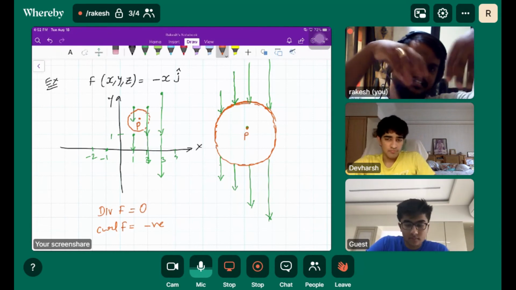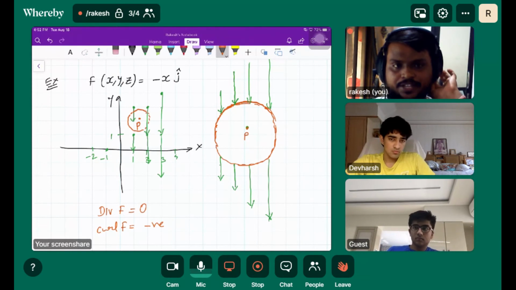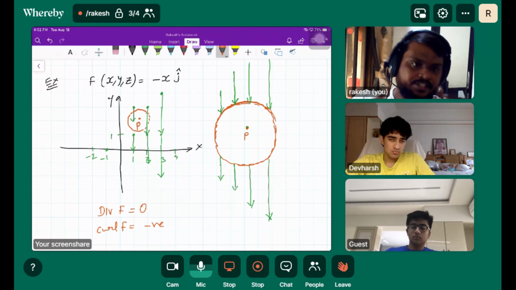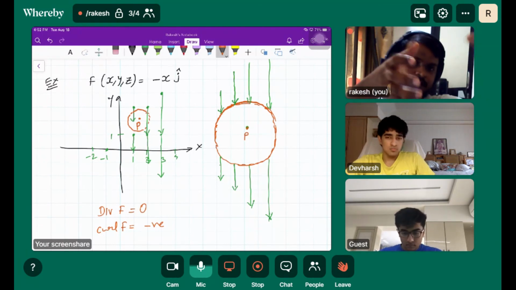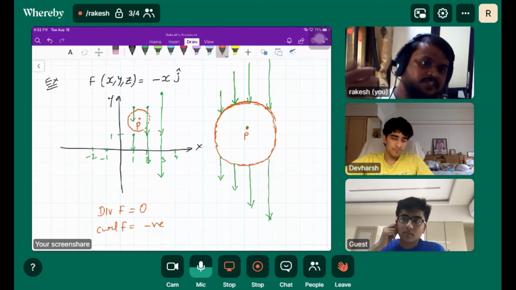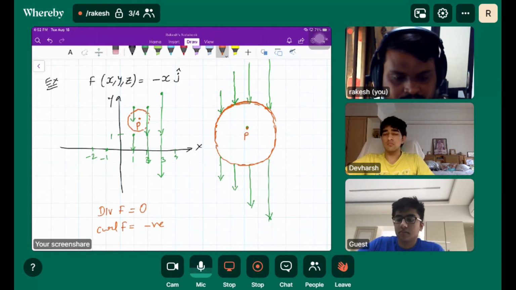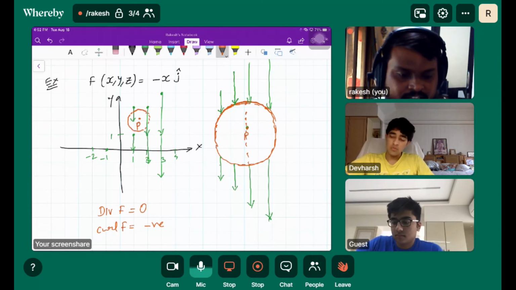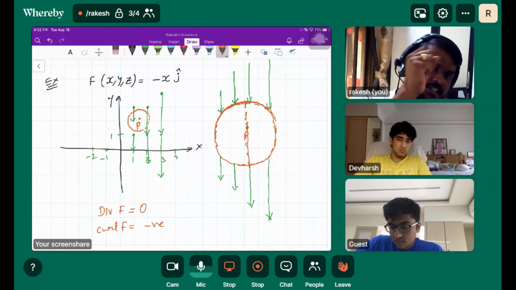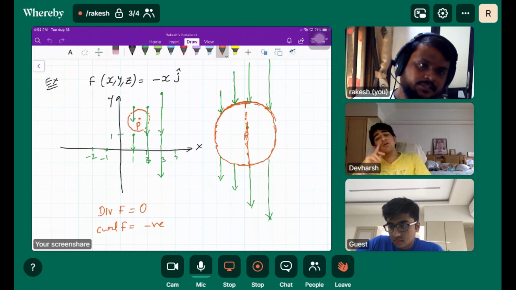If you just imagine a paddle perpendicular at point P, and water is flowing like the vector field, the right-hand side of this paddle has a stronger current than the left-hand side. It will obviously rotate the paddle. Okay, I got it.